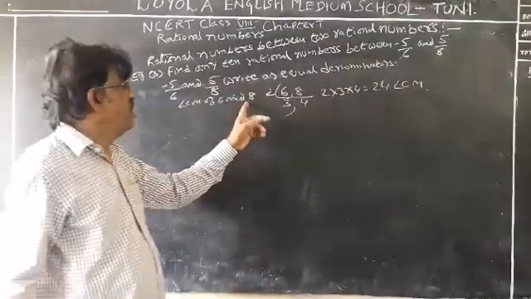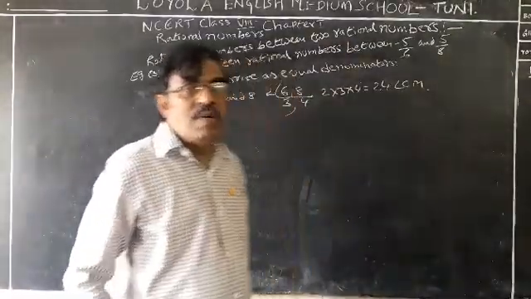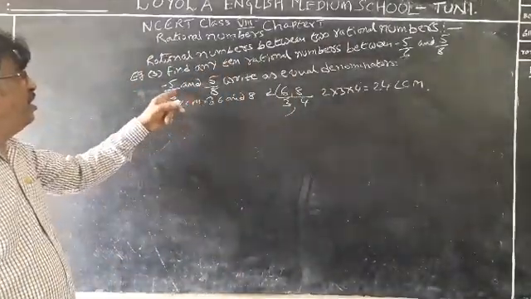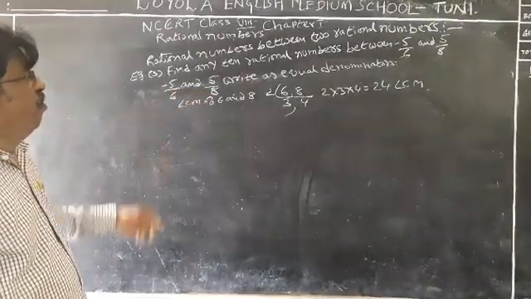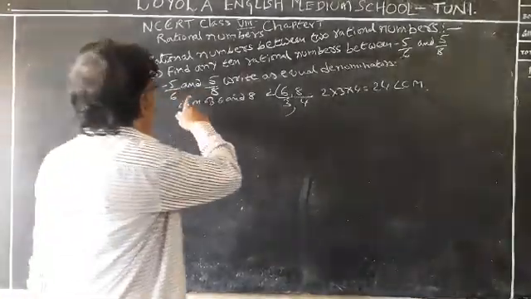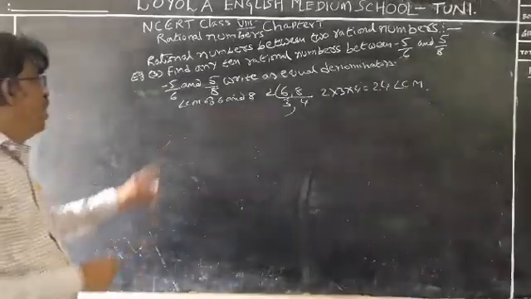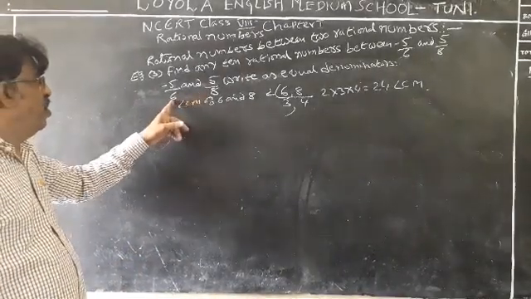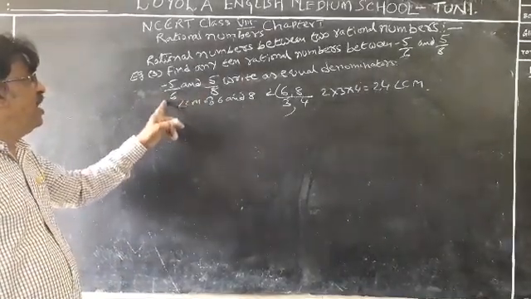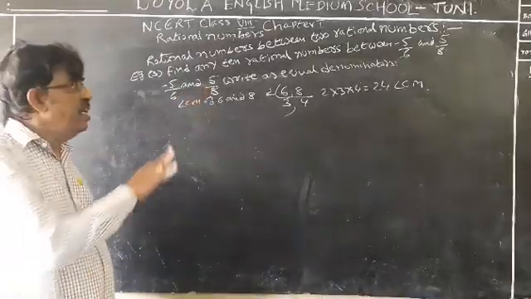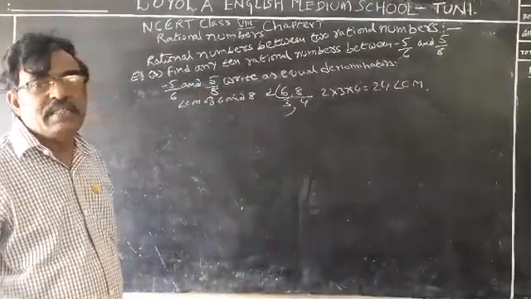LCM of 6 and 8 is 24. First, let us convert this minus 5 by 6 and 5 by 8 into like fractions.